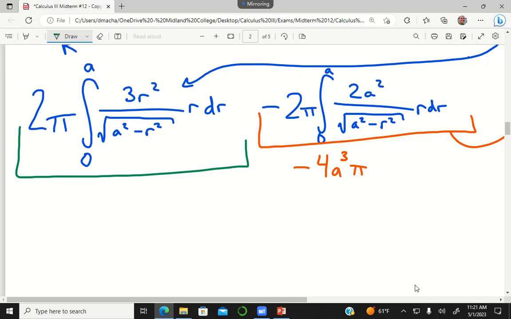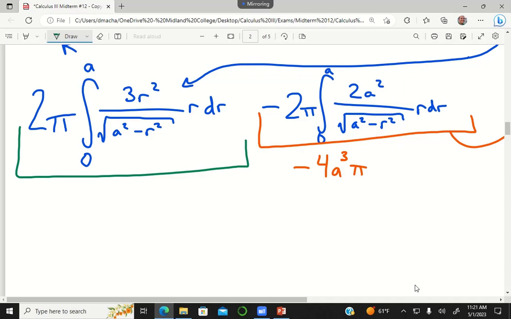What's the strategy? What's the calculus 2 strategy that we learned back in chapter 8 for solving this integral? U sub. A u sub? So what would be my u? A squared minus r squared. Okay.